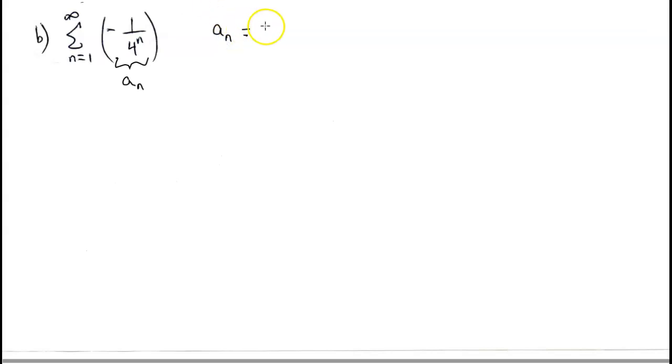then here we could rewrite what we have. I'm just going to write it this way. We could rewrite this as a negative and then 1 raised to the n over 4 raised to the n. And of course, since both of these, the 1 and the 4, are raised to the n, I could rewrite this way.